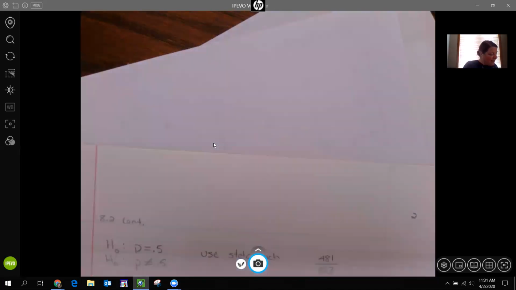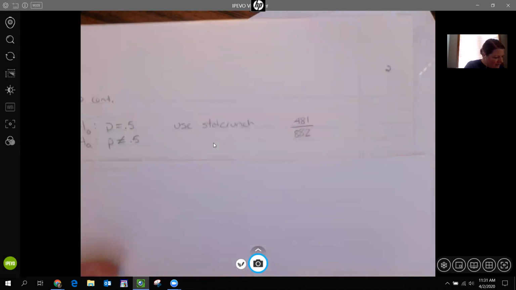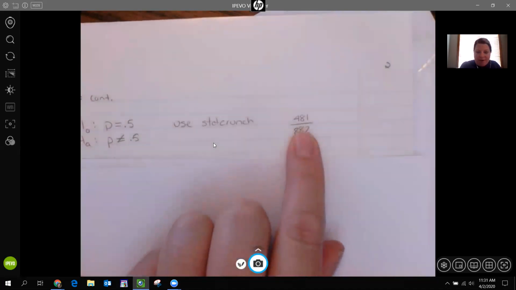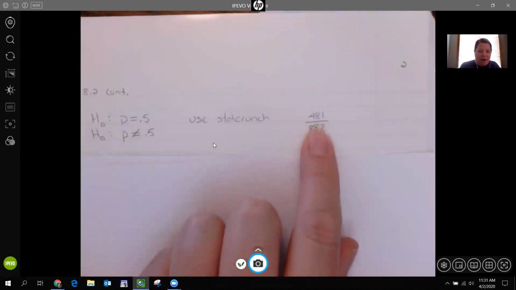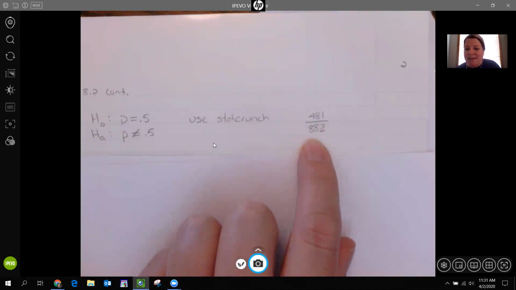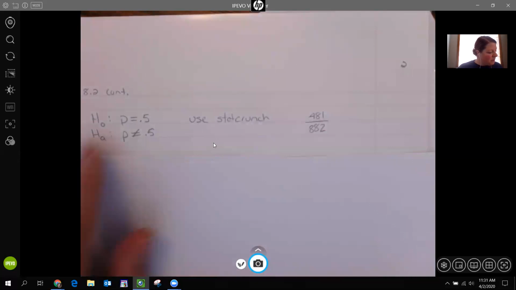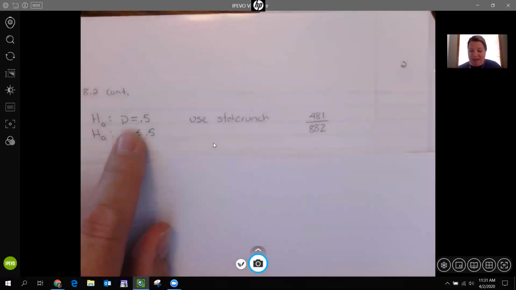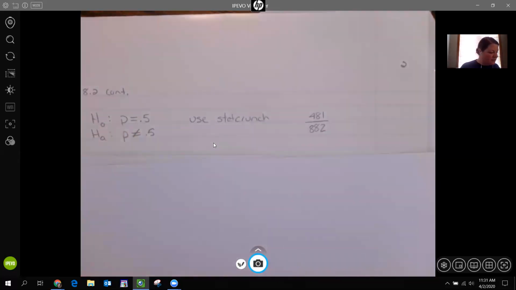So here's what I'm thinking. Okay, so I'm saying there are 481 out of 882. And so we're going to say our null is equal to 0.5. That's the claim. We're equal to 0.5 and not equal to 0.5. We didn't have greater than or less than, just not equal again on this one.